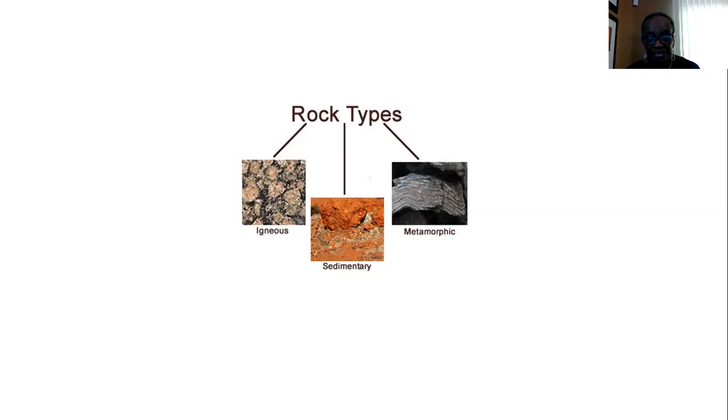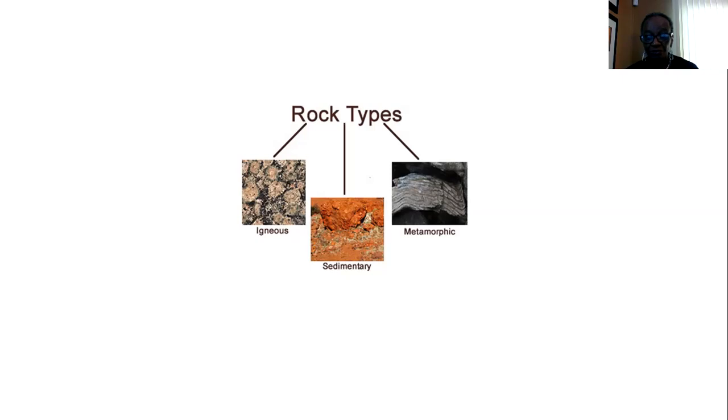Sedimentary rocks, on the other hand, we normally think of those as rocks that are made from bits of sediments that are cemented together, and we call the process of sedimentary rock formation lithification, and it requires two things. The sediments have to be compacted and they have to be cemented together.